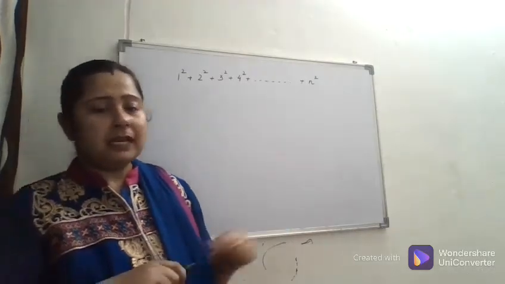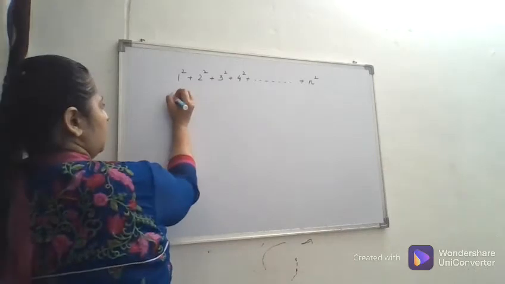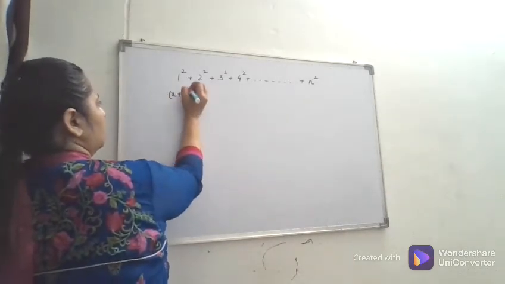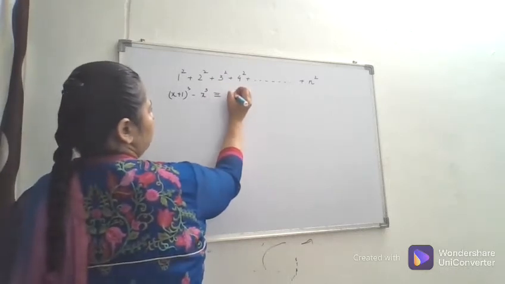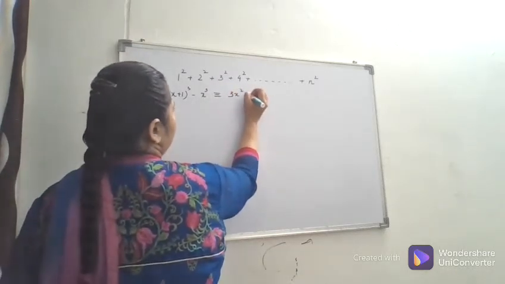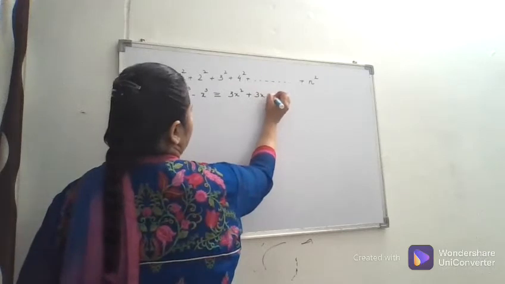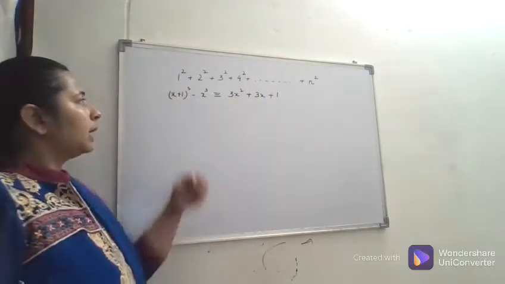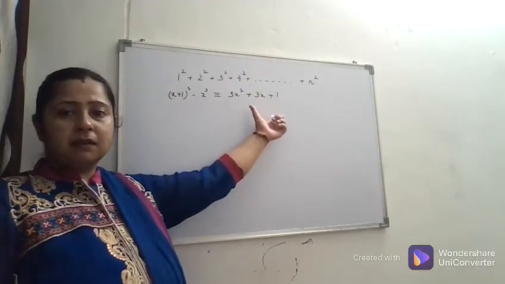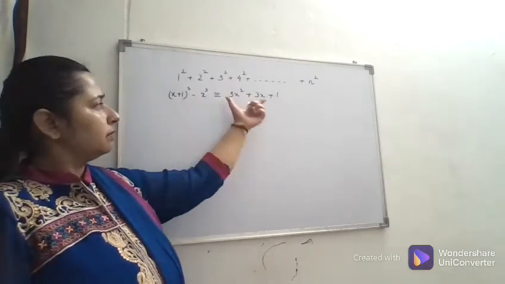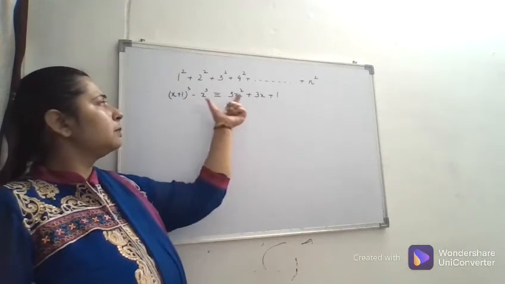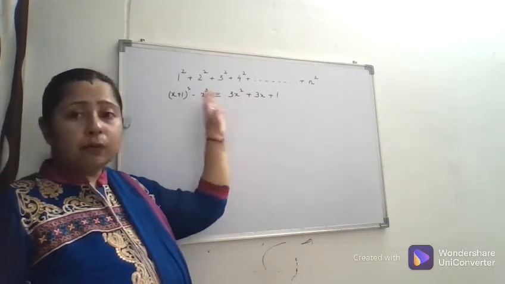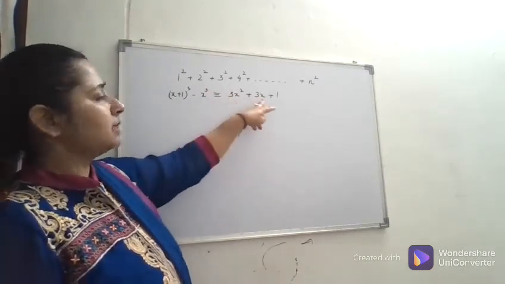We have that (x plus 1) cube minus x cube is approximately equal to, or is equivalent to, 3x square plus 3x plus 1.